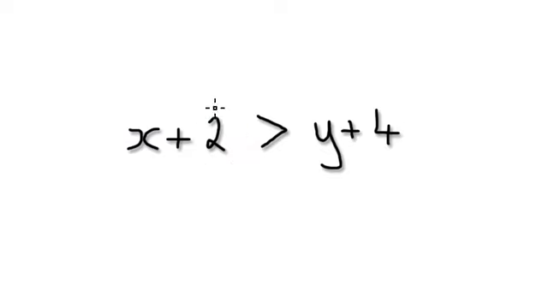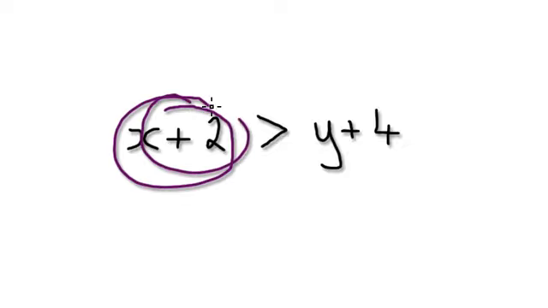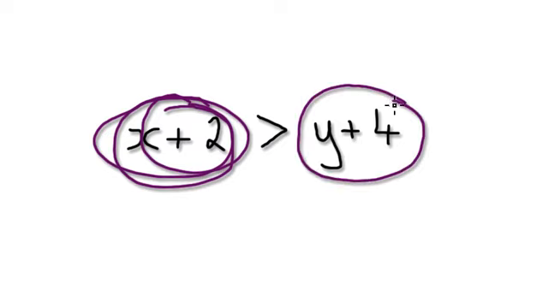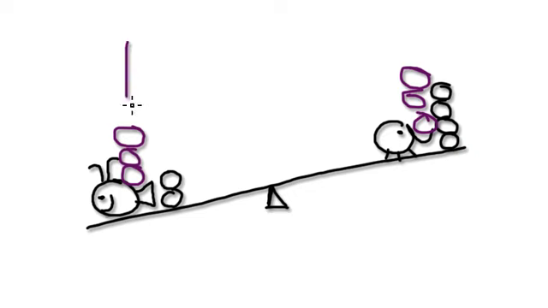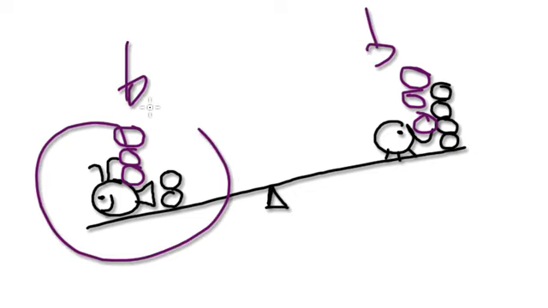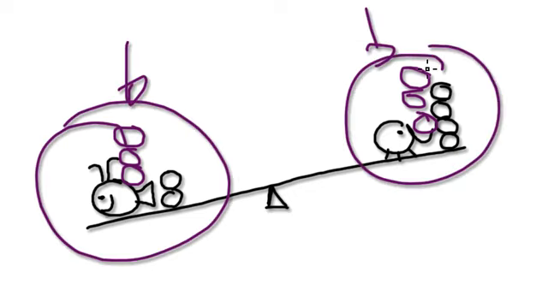When you've been given an inequality, if you add an equal amount, it doesn't really change. If I add, let's say, 3 sweets on this side and 3 sweets on this side, because I'm adding the same amount, this side will always be greater than this side.